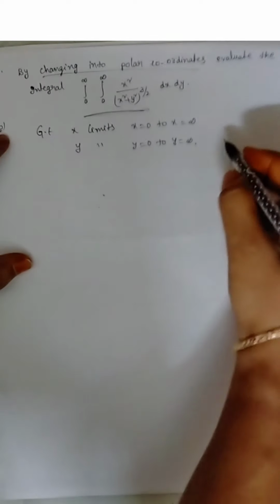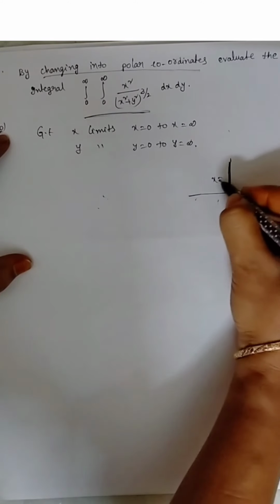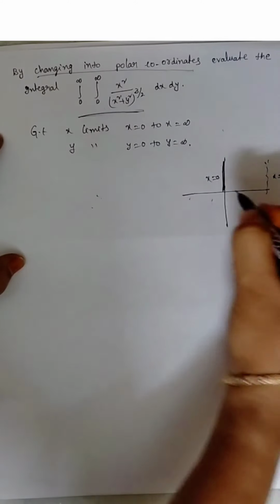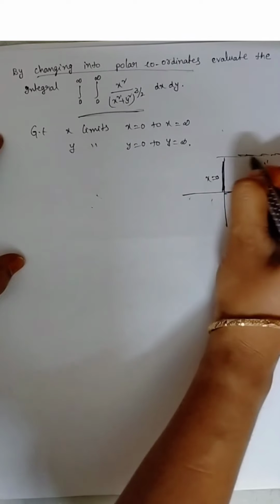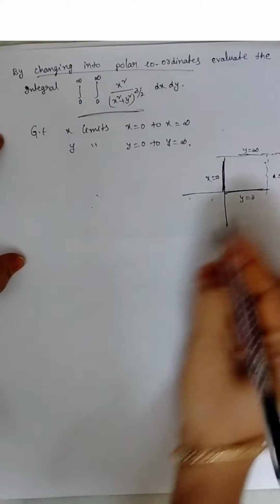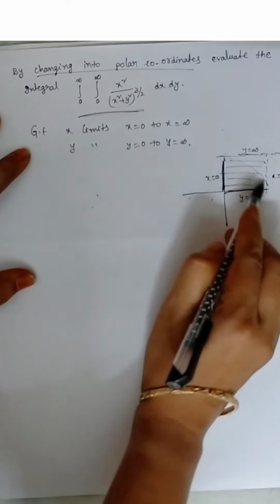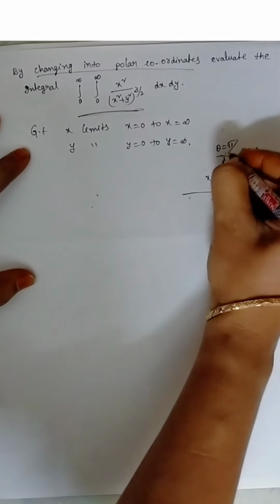As I said in the previous problem, x equals 0 is this one and x equals infinity is somewhere here, and y equals 0 is this one and y equals infinity is somewhere here. So with respect to this region we have to find the integration. Observe this region is in the positive quadrant. So this positive quadrant is between theta equals 0 to theta equals pi by 2 angle.